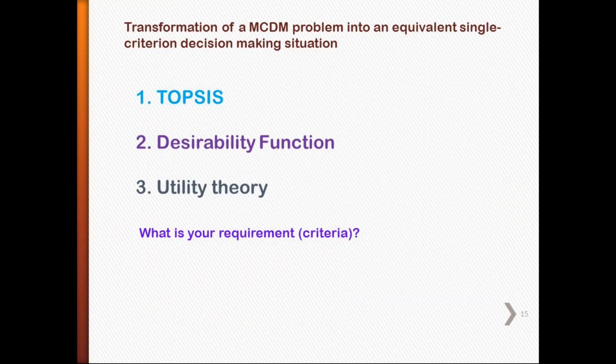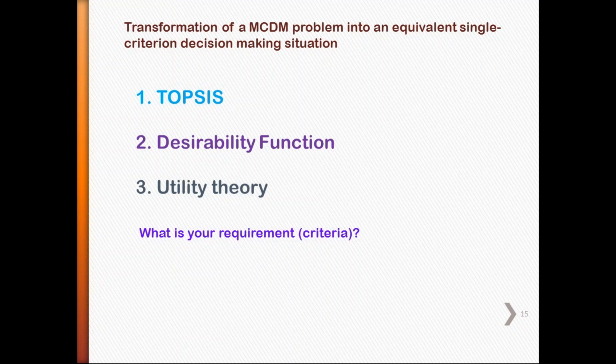Now, transformation of a MCDM problem into an equivalent single criterion decision making problem. So, three aggregation techniques I shall be discussing. One is TOPSIS, second one is desirability function, third one is utility theory. These techniques can be applied to solve MCDM problem involving objective data.